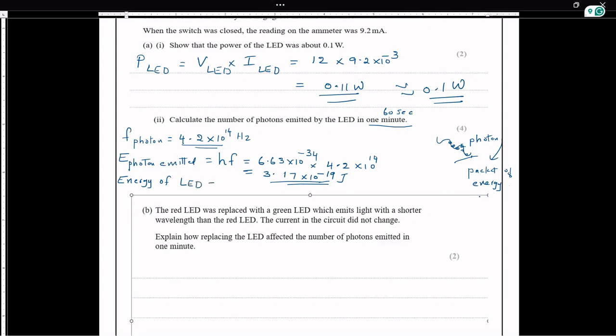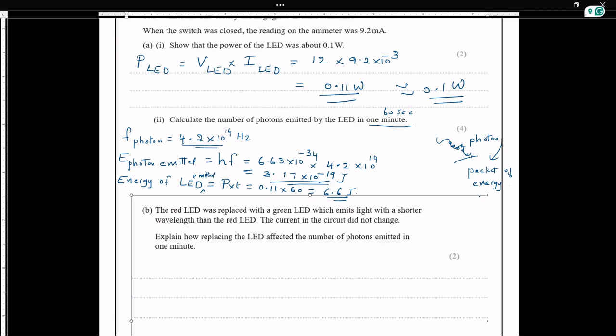What is the energy of the light emitted by the LED? This is its power times time, which is power we calculated, 0.11, times 1 minute, 30 seconds. So we are getting it as 6.6 joules. So this is the energy emitted from the LED.